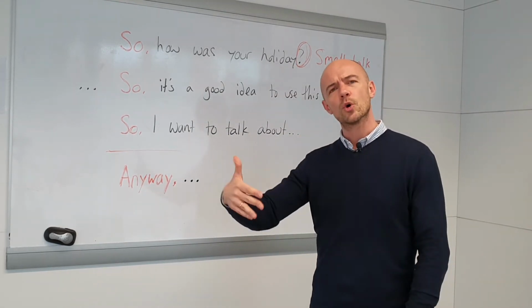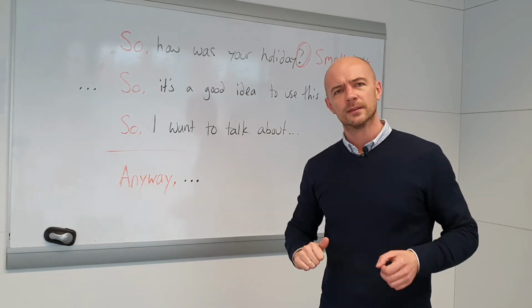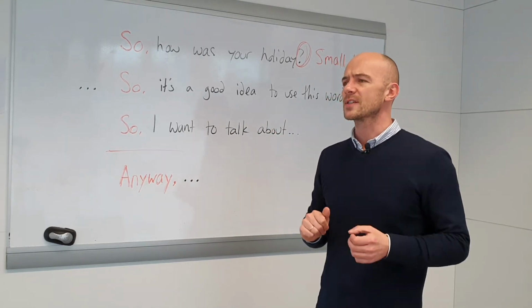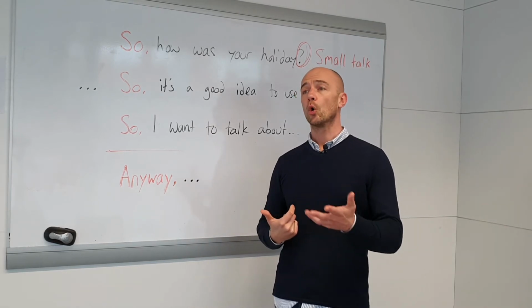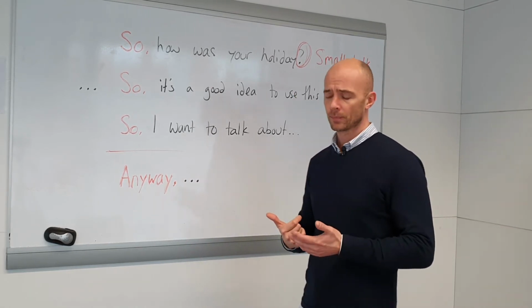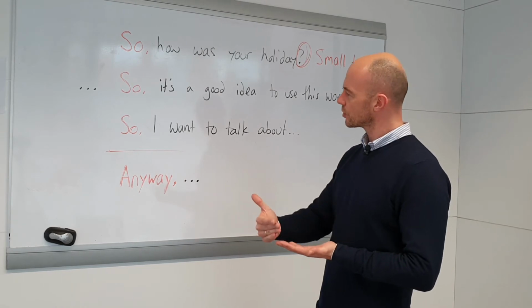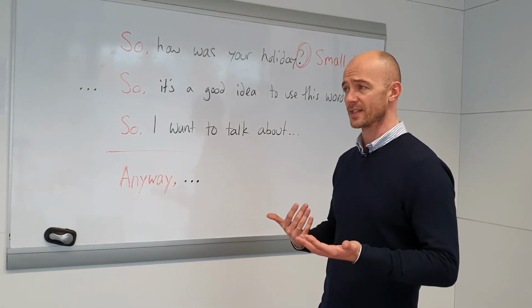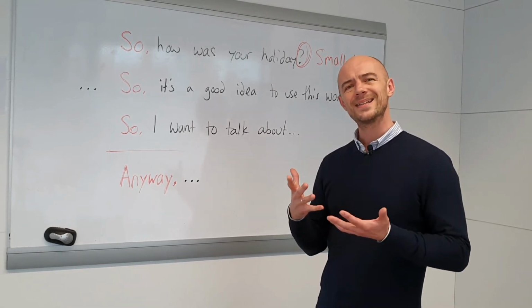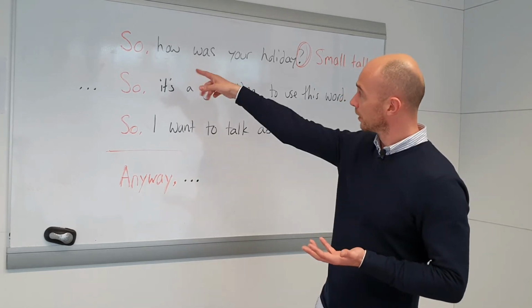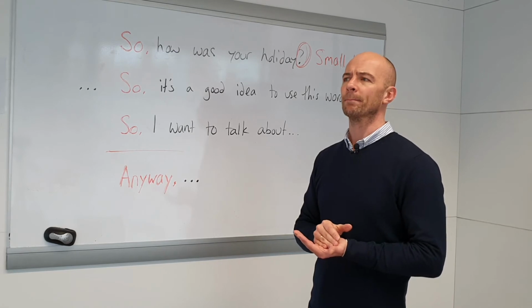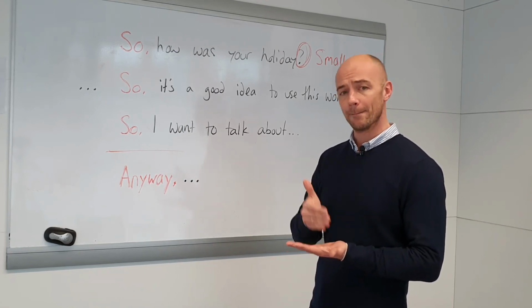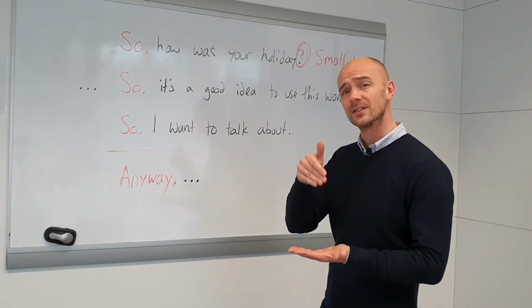"So, I want to talk about da da da da." You're in a meeting, for example, and you're introducing the topics, or you're giving a talk or a presentation in your job, and you want to introduce the points that you want to say. For example, "so" basically transmits the message, like the first one almost, that you're going to say something essential, something basic, or you're going straight into the details.